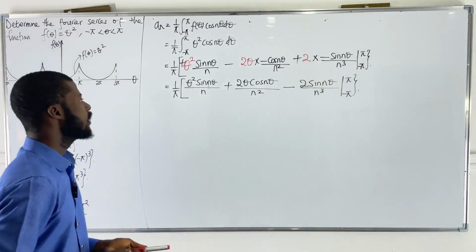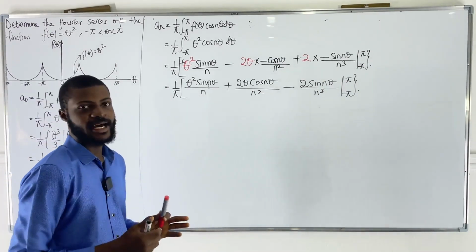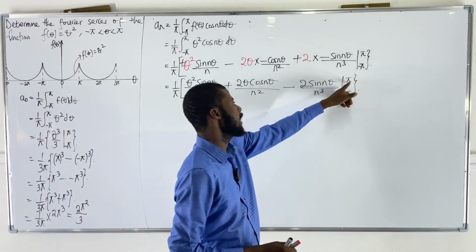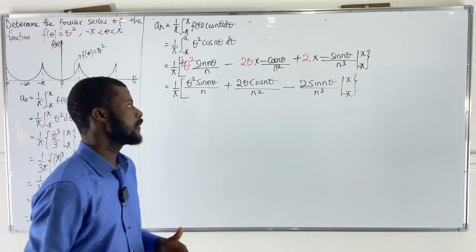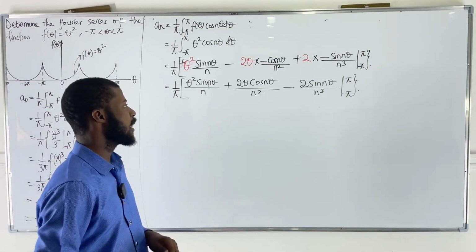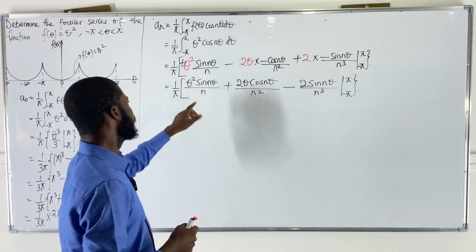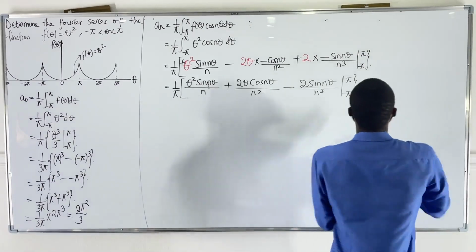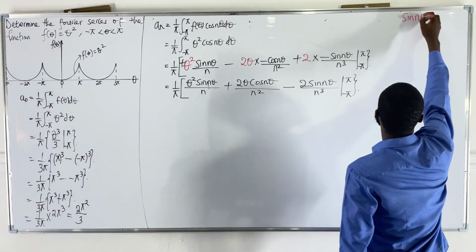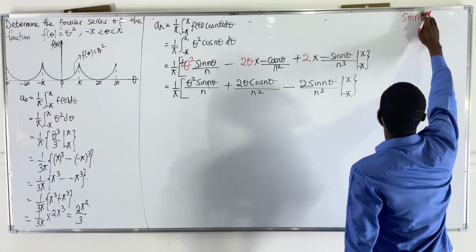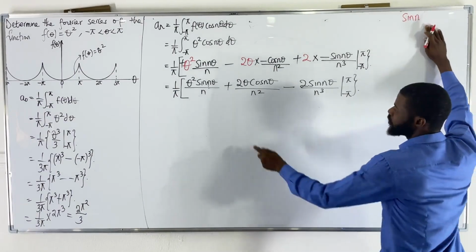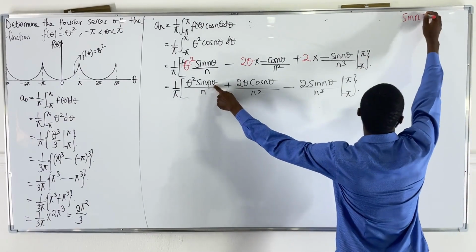All right. Now at this point, anywhere we see theta, we're going to be putting our limits, pi and minus pi. But the funny thing is, this is sine n theta. Let me put the pi, since we're putting in pi. So sine n, if you put pi here, this will be sine n pi.